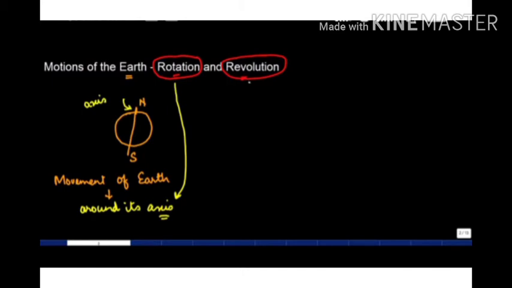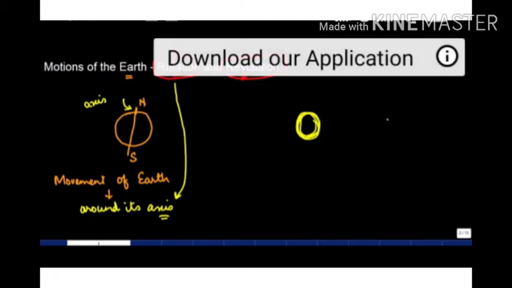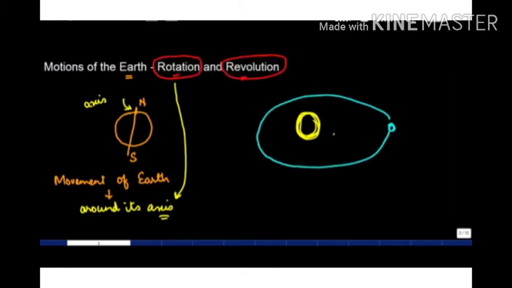As against this, if I talk about revolution, we know that we have the Sun, and then we have the Earth. Now the Earth moves around the Sun around a fixed path, right? So let's say this is the Sun, this is the Earth.